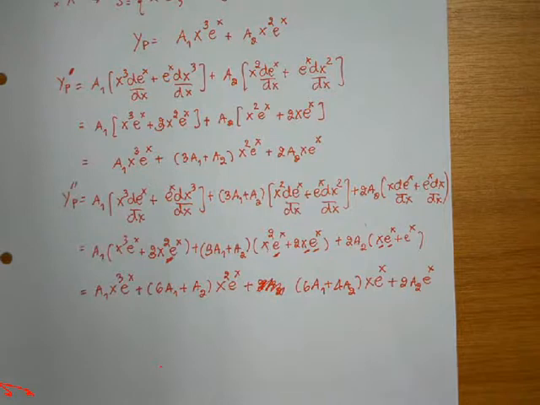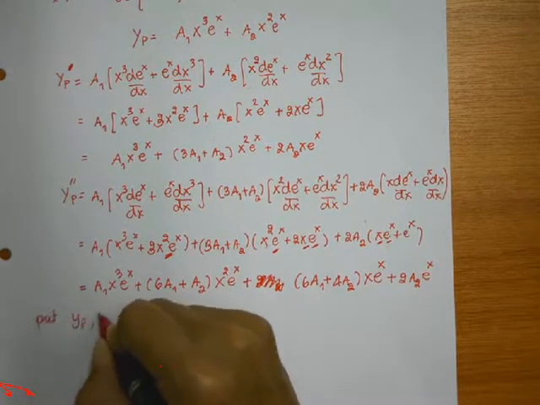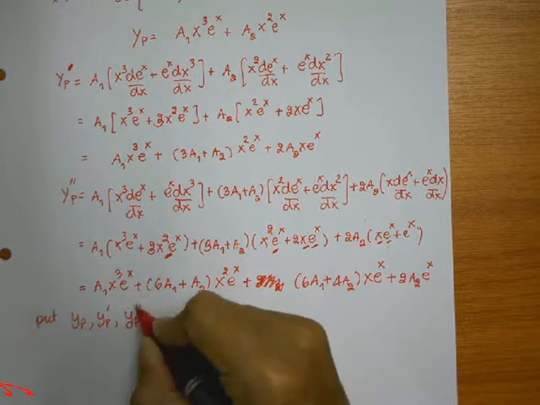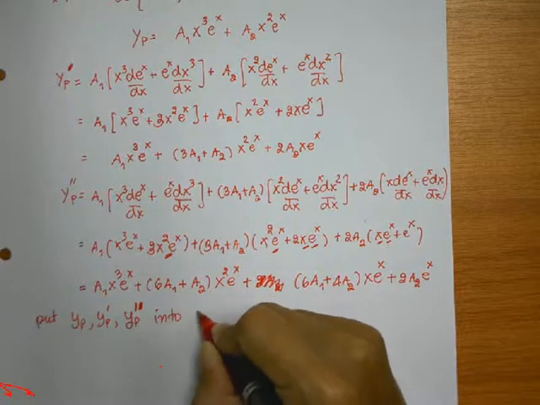After we get this, we put yp, the first derivative of yp and the second derivative of yp into the differential equation.